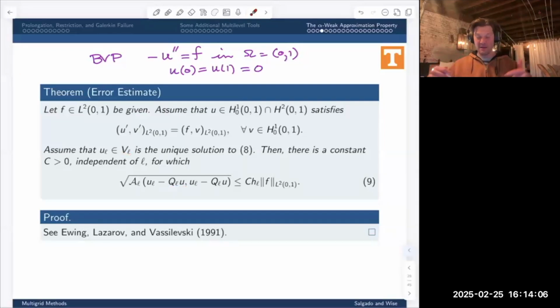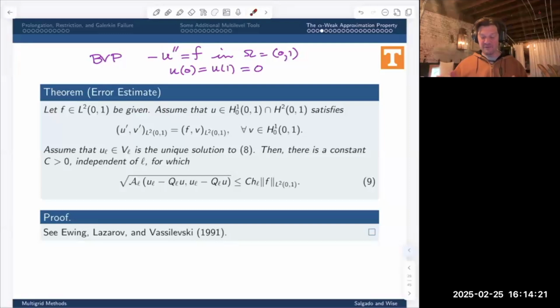I'm going to project that down into V_L, and now I can subtract these two things. That makes sense. These two functions are both in V_L, so their difference is also in V_L.